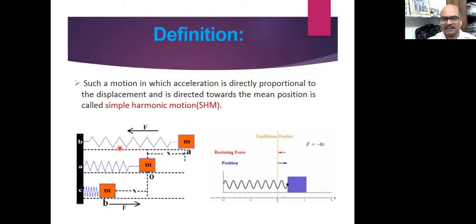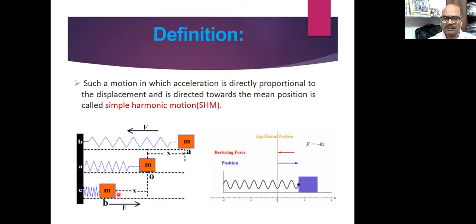So we can analyze it like this. This is the equilibrium position, the mean position, we say. Suppose it is at x equal to 0, and when it is at the last position here, it is at distance x, and again when it is at this position, it is again at distance x.